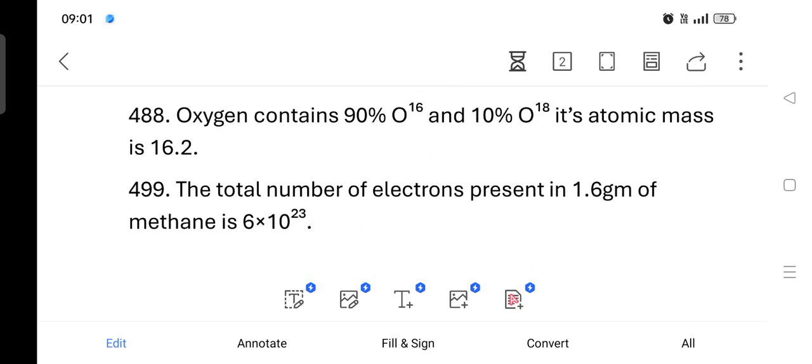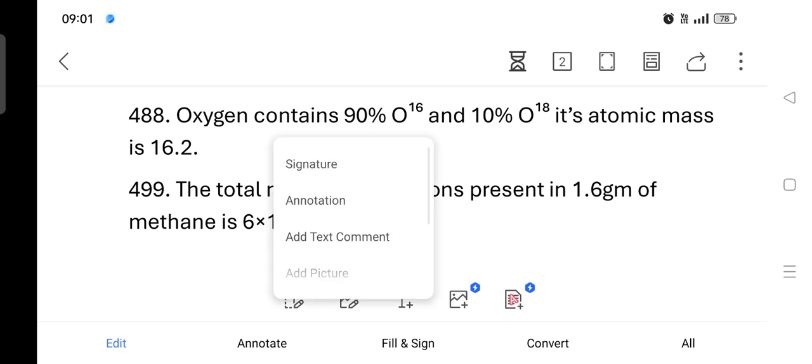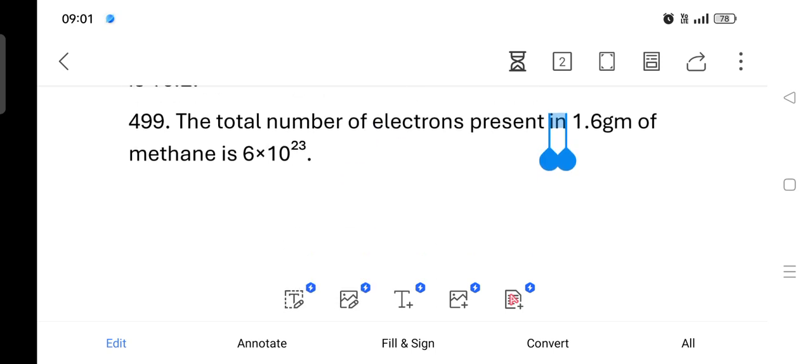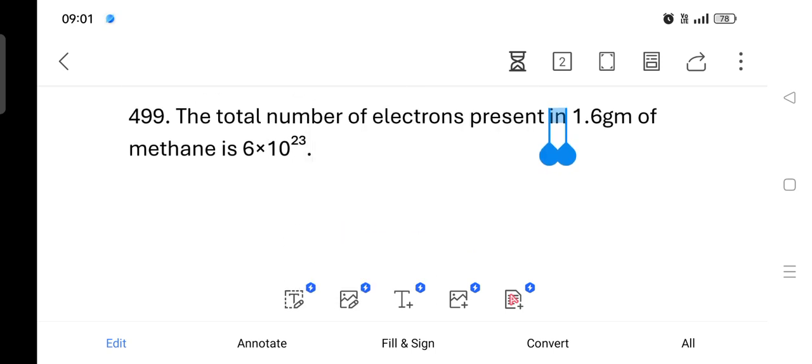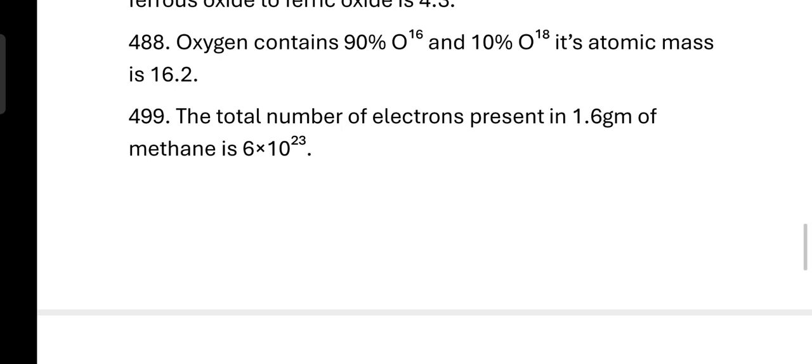Oxygen contains 90% O16 and 10% O18. Its atomic mass is 16.2. The total number of electrons present in 1.6 grams of methane is 6 into 10 to the power of 23.